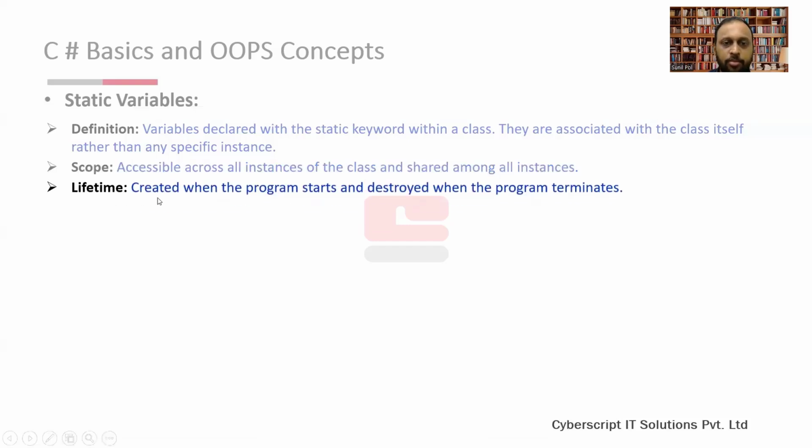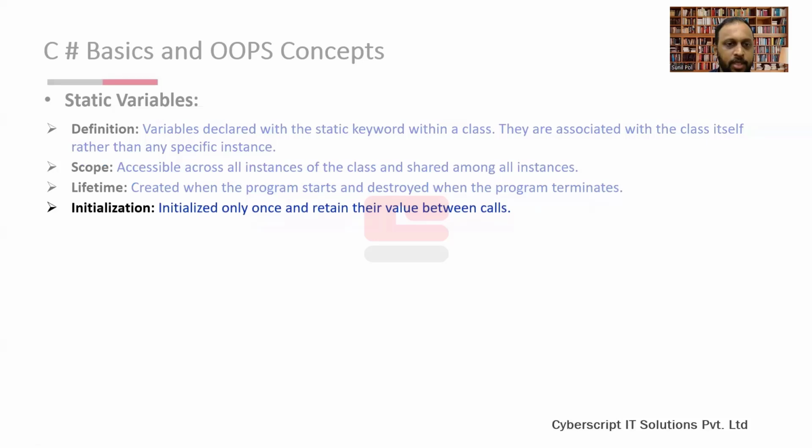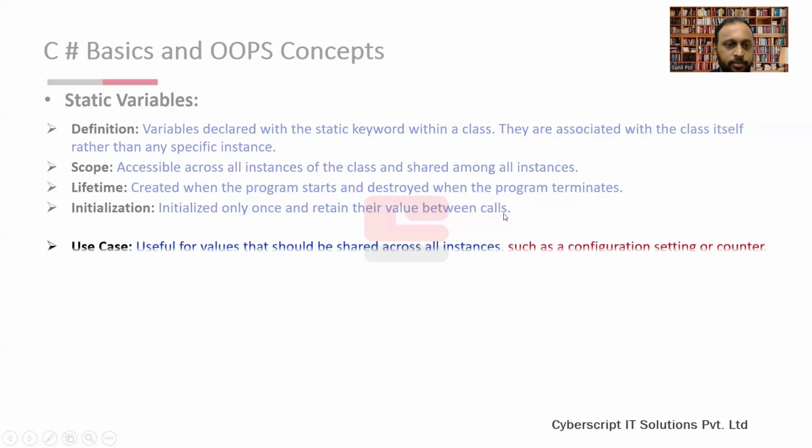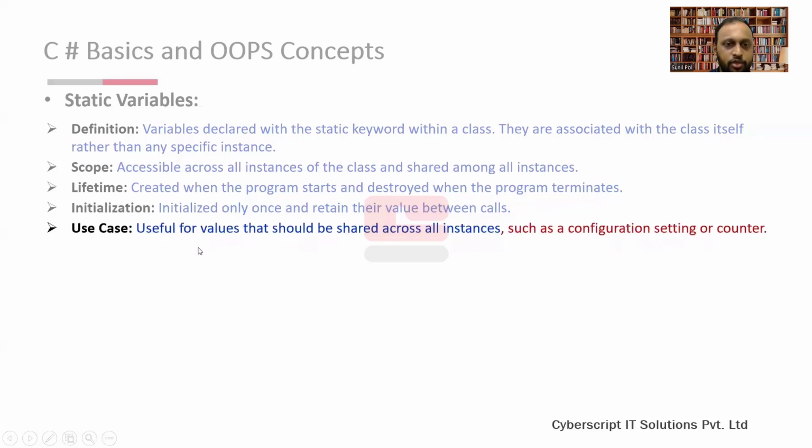Lifetime, created when the program starts and destroyed when the program terminates. Initialization, initialize only once and retain their value between calls. Use case, useful for values that should be shared across all instances, such as configuration setting or counter.